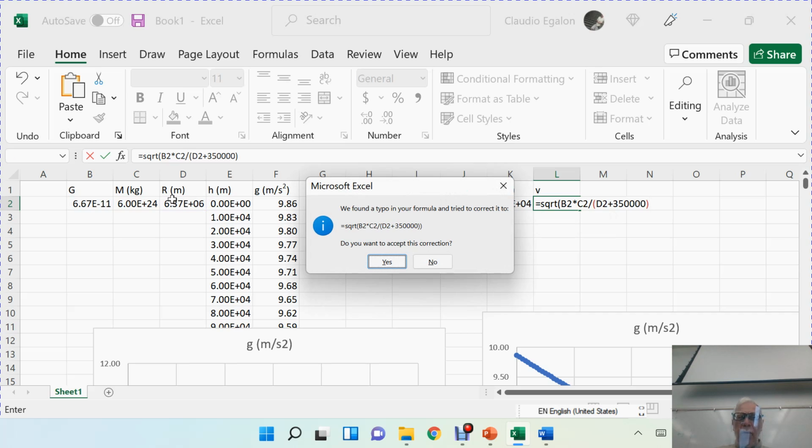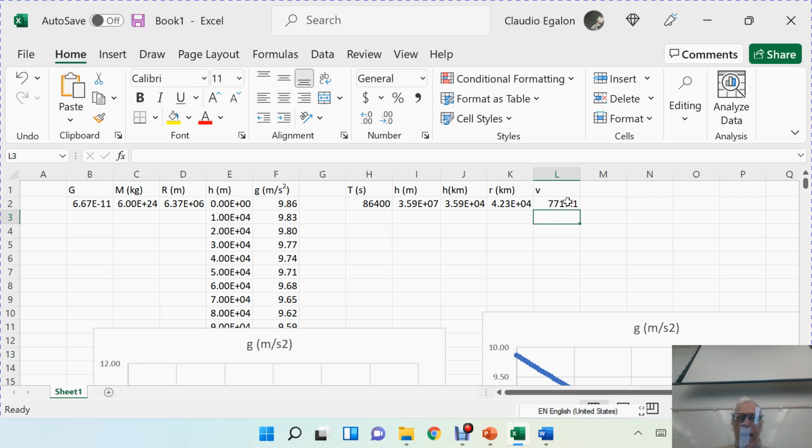And then I know those things by heart, by the way, folks. The speed is around 8 kilometers per second. That's what you're getting here, 7.7. Don't forget that's meters per second. Okay, meters per second.